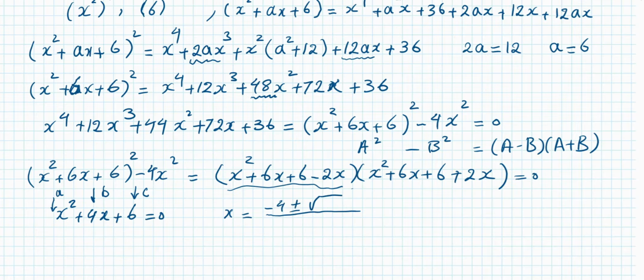So it's minus b plus or minus the square root of b squared, 4 squared, minus 4ac, minus 4 times 1 times 6, divided by 2.